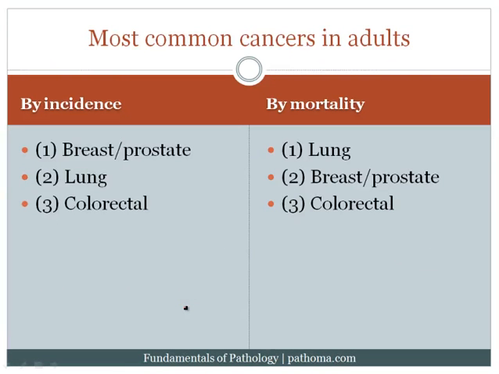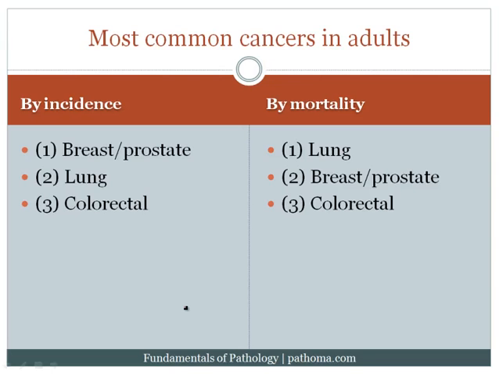Taking the epidemiology one step further, we can ask ourselves, what are the most common cancers in adults? Now, these types of tables in which the most common cancers in adults are discussed, basically what you should know is that these exclude skin.